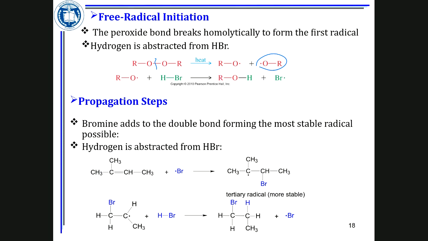This free radical now is going to abstract the hydrogen from HBr. When it takes the hydrogen from HBr, how many electrons are needed from the HBr bond to form a bond with the RO free radical?